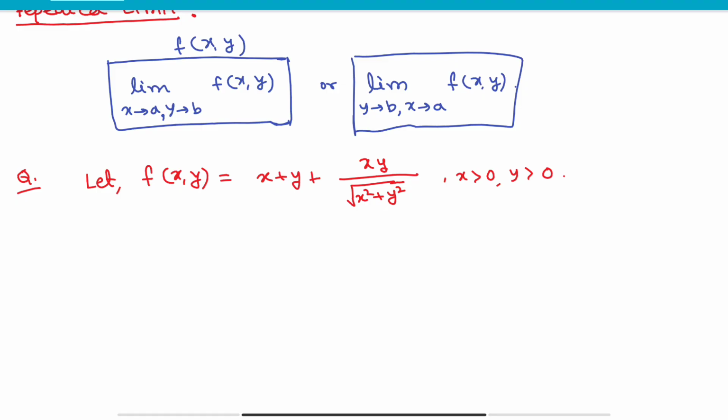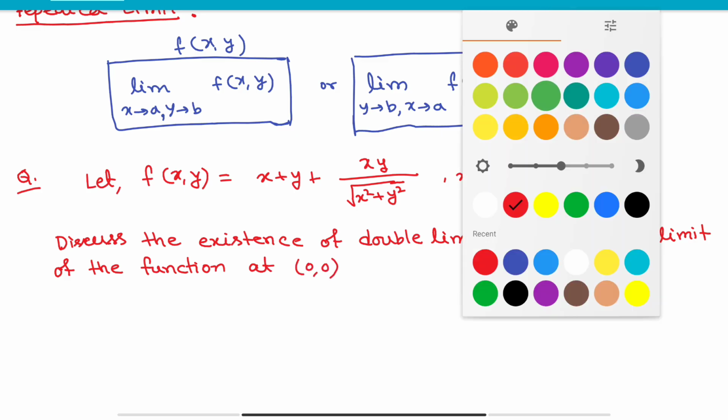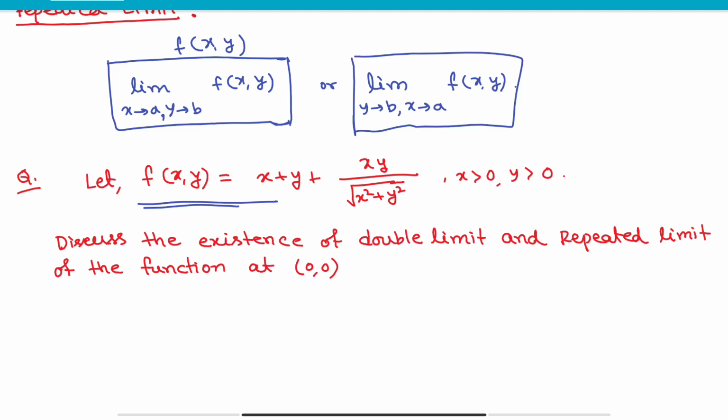The question is: discuss the existence of double limit and repeated limit of the function at 0, 0.